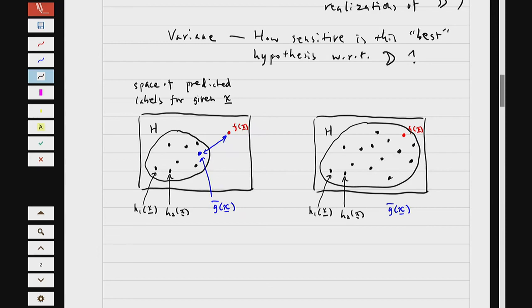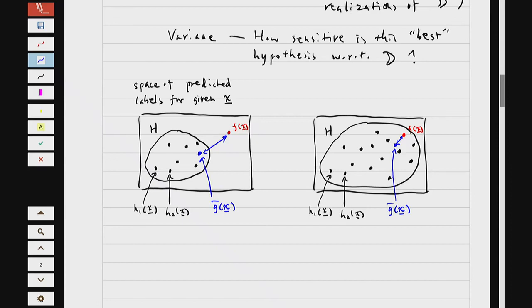Clearly, during training you have more chances to get close to f. So on average, you expect the g bar to be better. Maybe g bar is now over here, and this will be the bias. Is it convincing that when you have a larger H, the bias tends to be smaller? You have more chance to optimize and get close to f. Does this make sense?